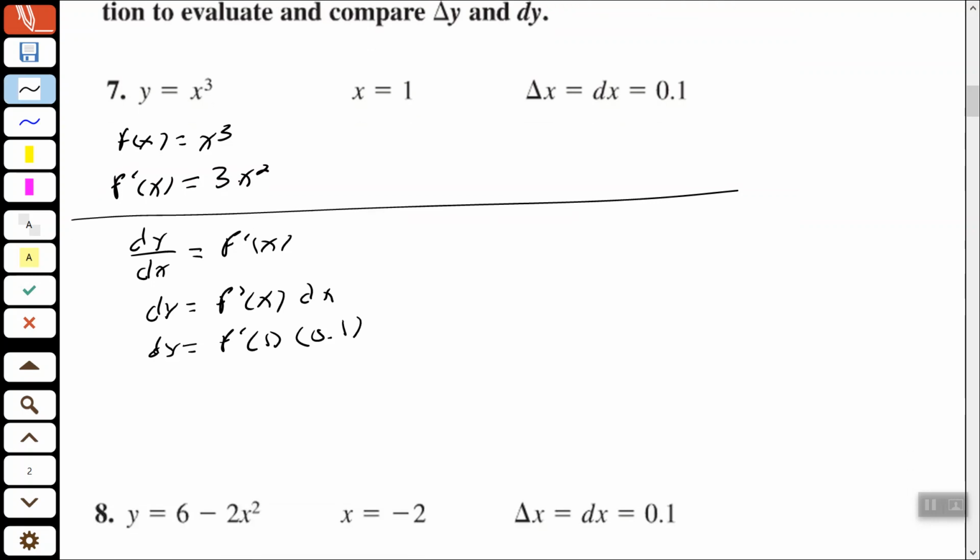And the derivative is 3x squared. So 3 times 1 squared times 0.1 gives us 0.3.